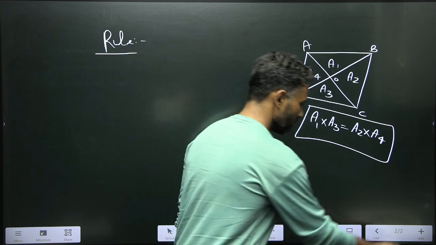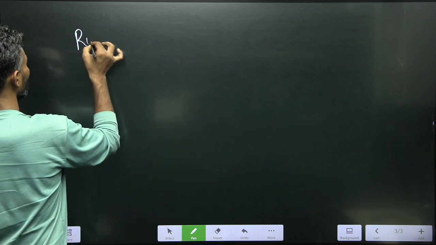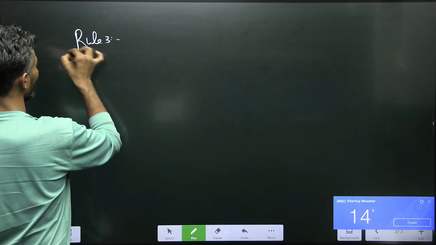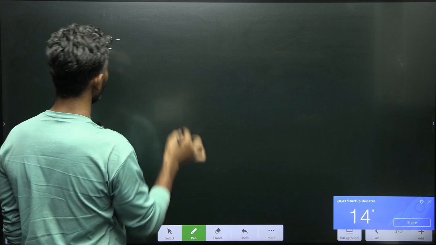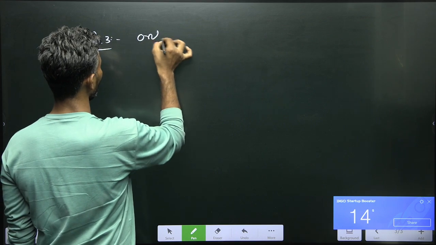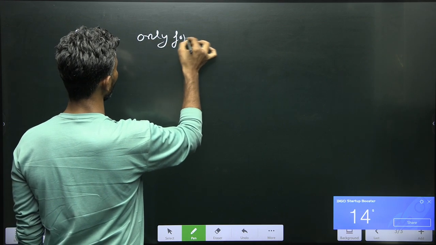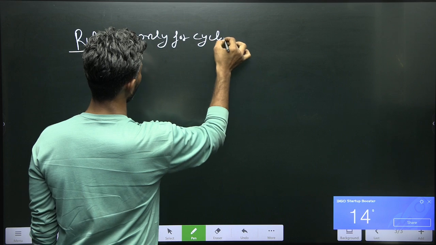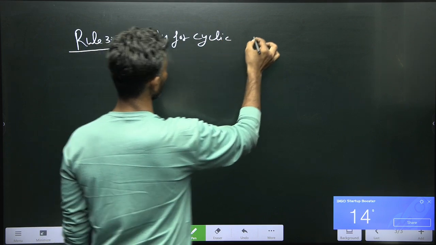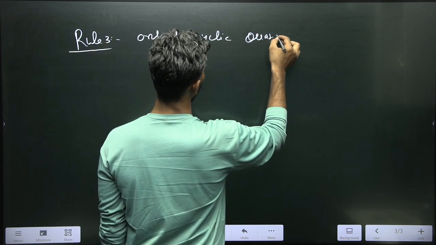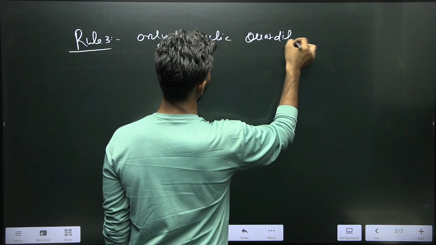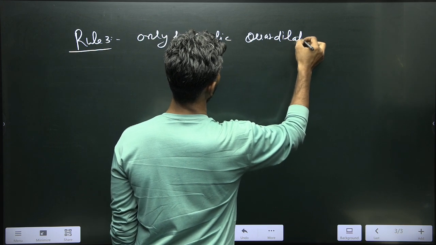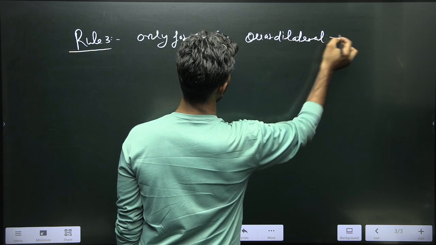Now there is rule 3. Rule 3 is applicable only for a cyclic quadrilateral.